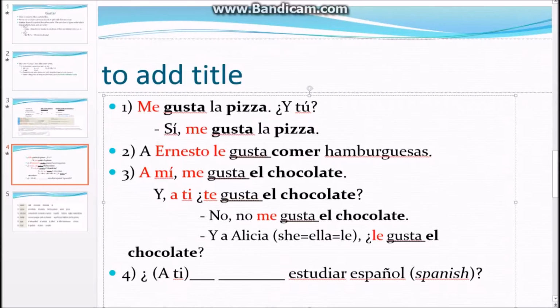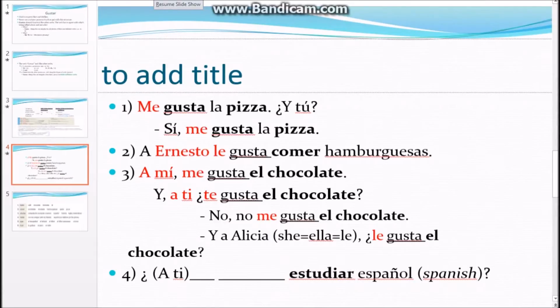Comer, like in number 2, is to eat. Okay, so then what do we know about this infinitive verb? We're going to put it in bold because it's our subject. It's the what. It's singular. Remember that infinitive verbs are always singular. So what form of gustar agrees with a singular subject?